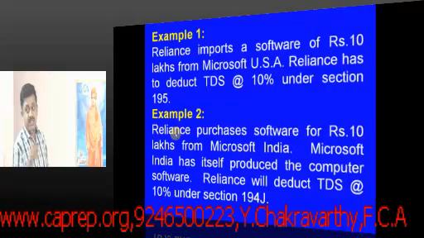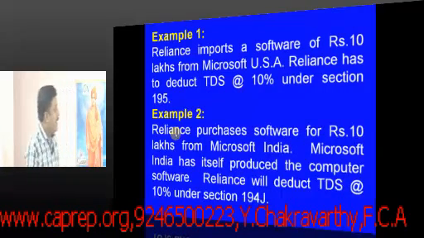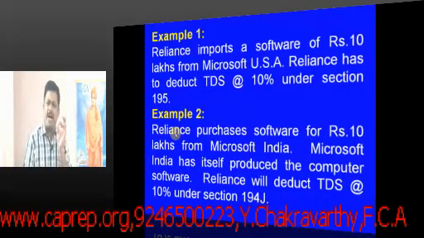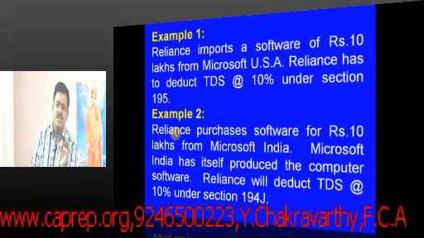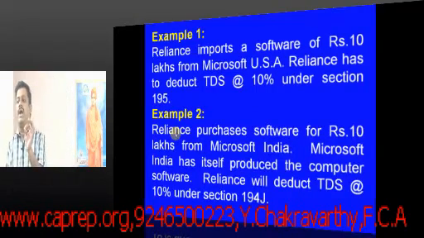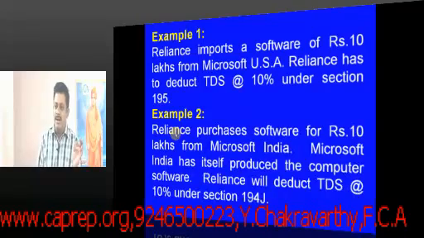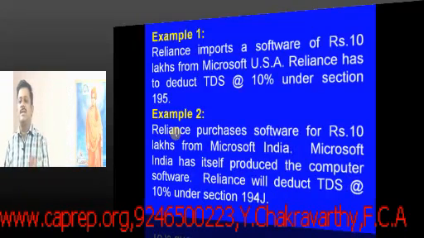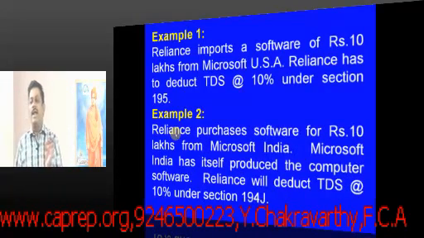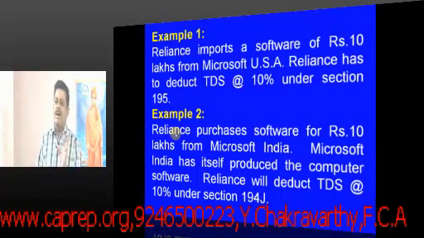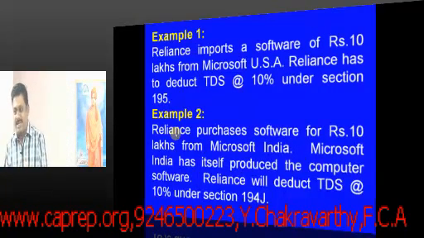Now try to understand Explanation 4 with a relevant example. This is very practical also, because tomorrow as an article student, if you go to a concern, today almost all concerns are completely computerized environments. Some or other software they are going to purchase.